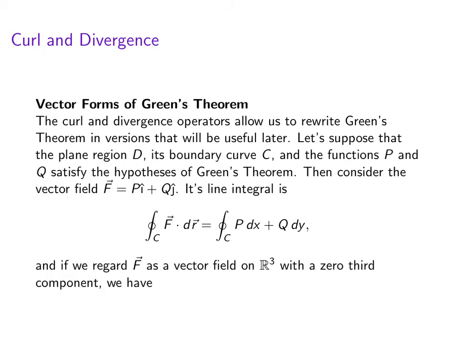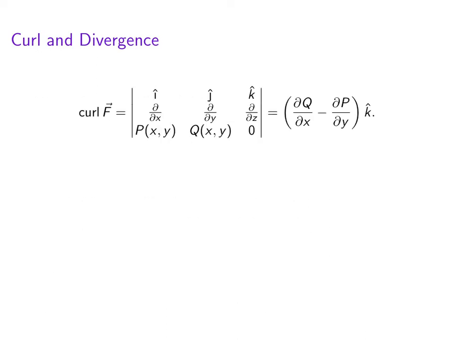And if we think about F as a vector field on R3 with a 0 third component, then we can write down the curl of F. The curl of F will work out to (dQ/dx minus dP/dy) times the vector k. If you look carefully, the i and j components will come out to be 0 because you end up taking derivatives with respect to z of P and Q, and those are going to disappear.